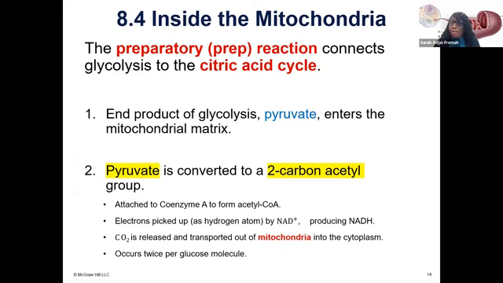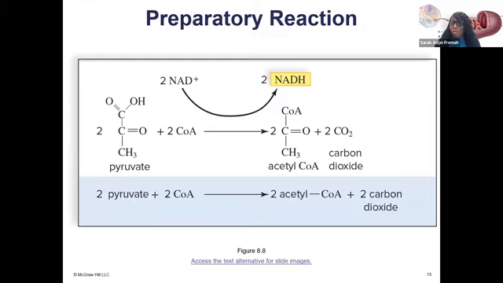So we can remove 1 carbon through decarboxylation to generate carbon dioxide. Through that process, we generate the 2-carbon acetyl, which combines with coenzyme A to form acetyl coenzyme A. And this would be able to get into the next phase where we can break it further to release ATP molecules for our use.